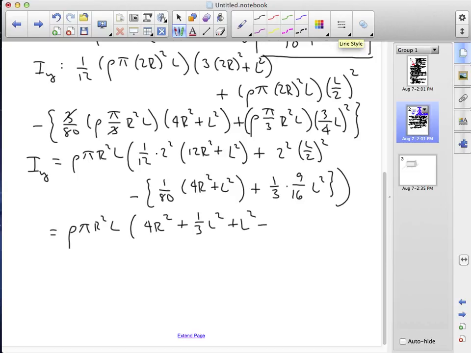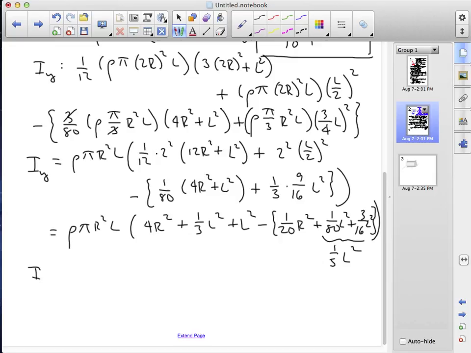And we're subtracting. Our first term is a 1/20 r squared, and then we have a 1/80 L squared and a 3/16 L squared. This is a 1/5 L squared.